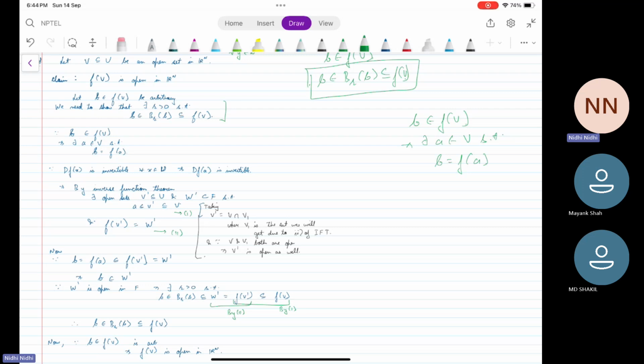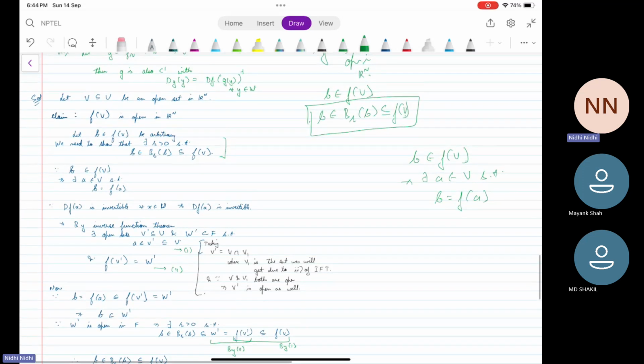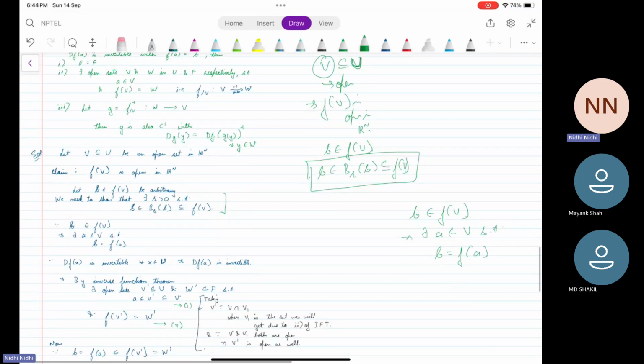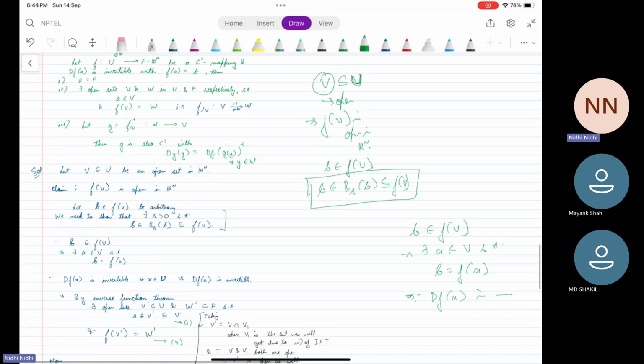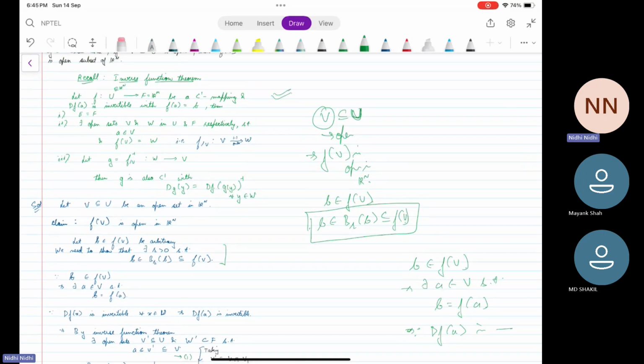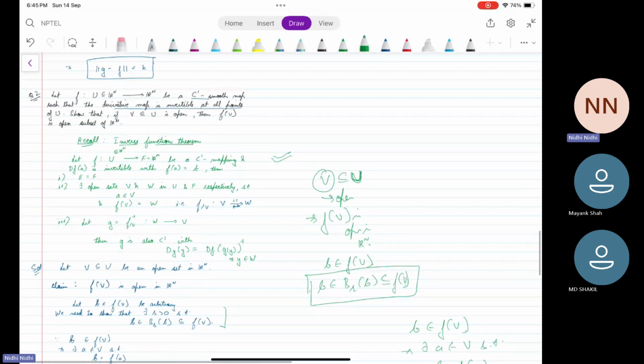And now since the derivative of F at all points is invertible, we have DFA is invertible. So we can use the inverse function theorem. For inverse function theorem, we need two conditions. This F should be a C1 mapping, that is already given, and DFA should be invertible.